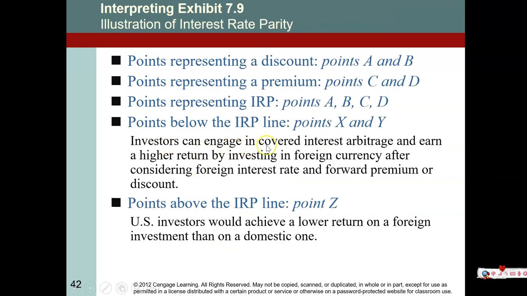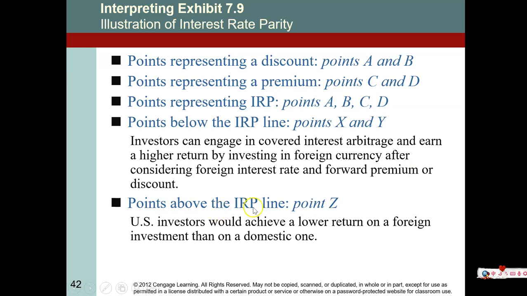Investors can engage in covered interest arbitrage and earn a higher return by investing in foreign currency after considering the foreign exchange rate and forward premium or discount. Okay, because in this case, the forward premium is larger than the interest rate difference, there does exist a covered interest arbitrage opportunity, and we can earn a higher return by investing in the foreign currency.